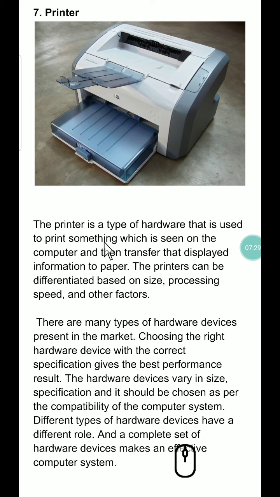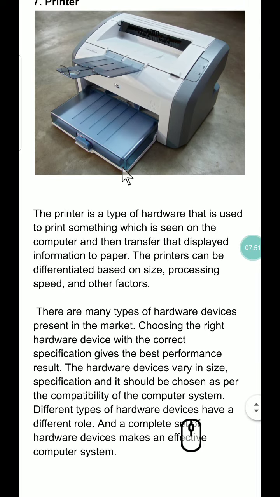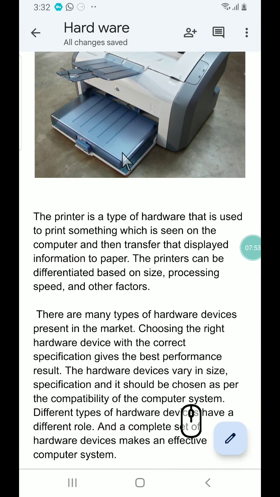From soft copy on the monitor to hard copy on a piece of paper. So if I want to print this image plus these words, I have to make use of this printer, as it transfers information from the monitor, which is in soft copy, to a paper, which is a hard copy.